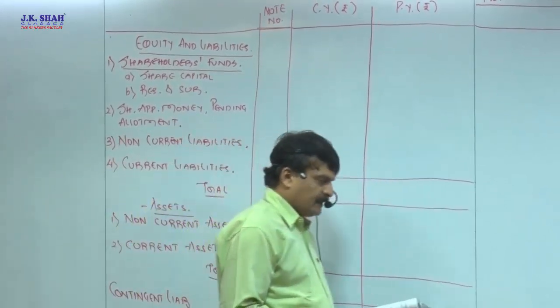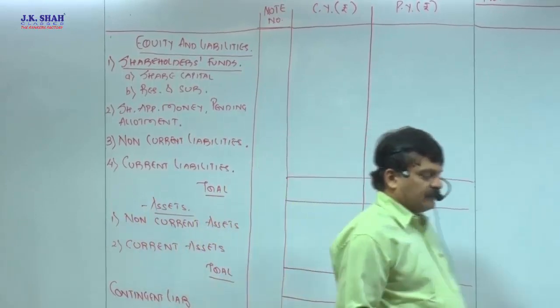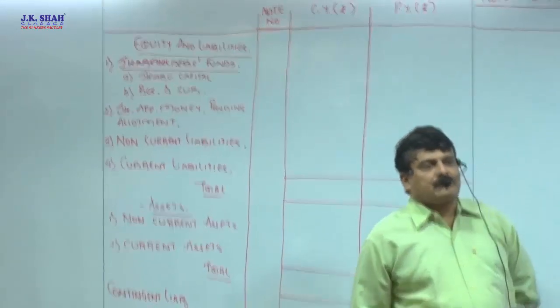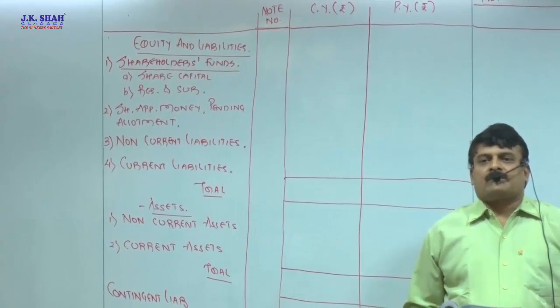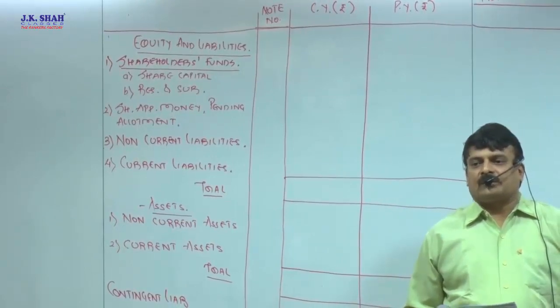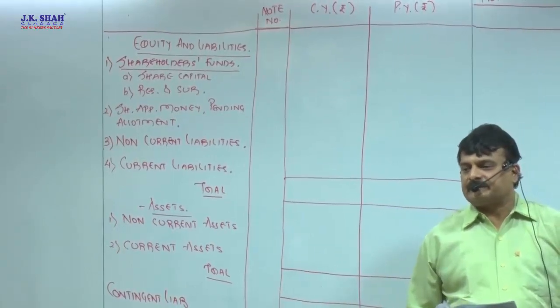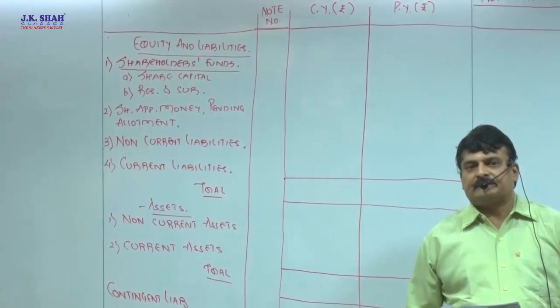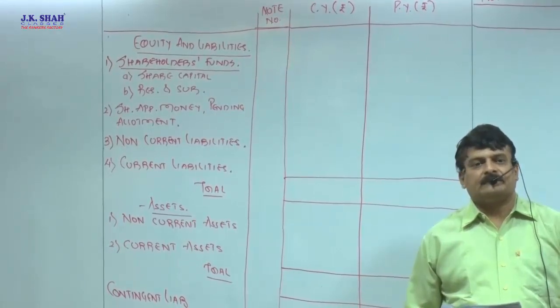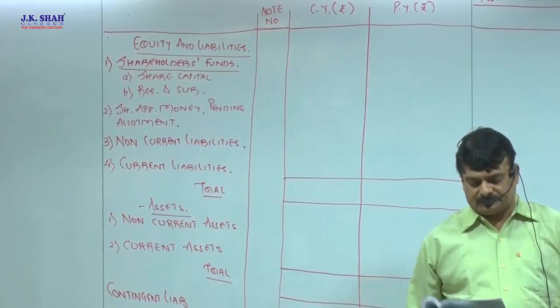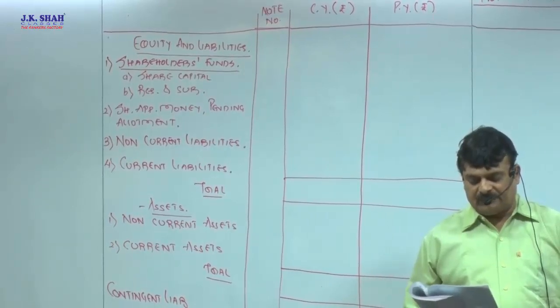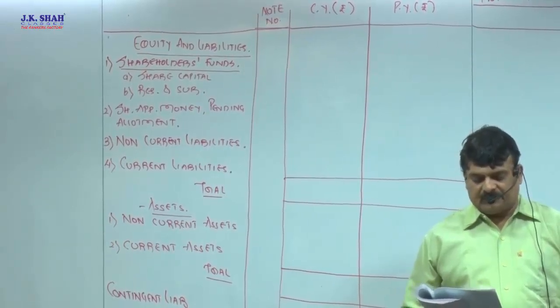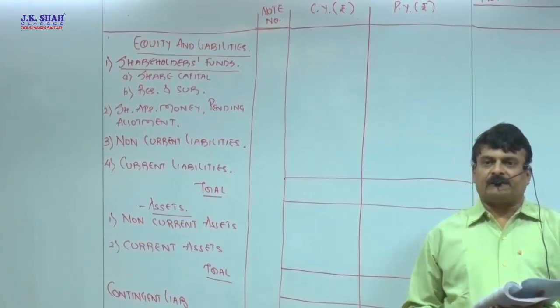B, non-current investments. C, deferred tax assets net.